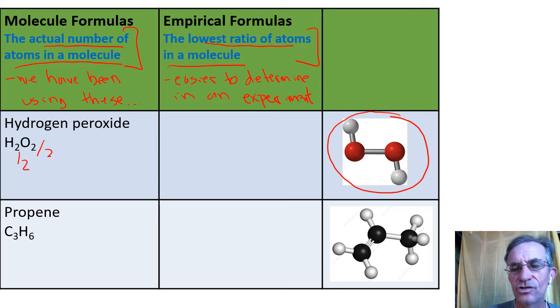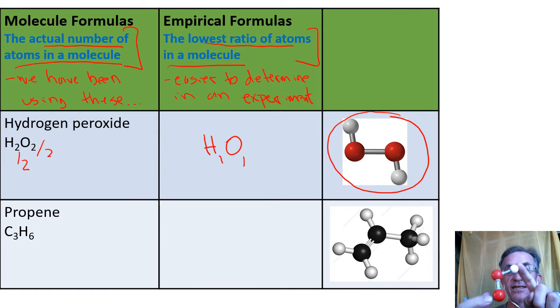And when we reduce down the formula and use the smallest numbers you could just to tell me the ratio, that's what an empirical formula is. So the empirical formula of this thing would just be HO. So another way of saying that is for every 1 hydrogen, there's 1 oxygen. For every hydrogen, there's an oxygen. So this simplified version, that's an empirical formula.